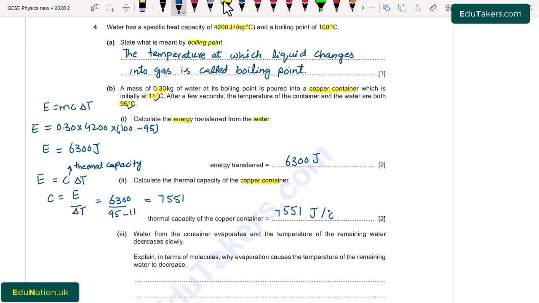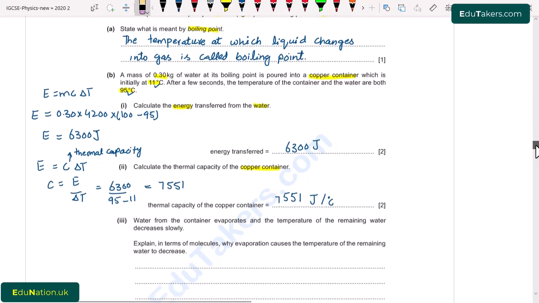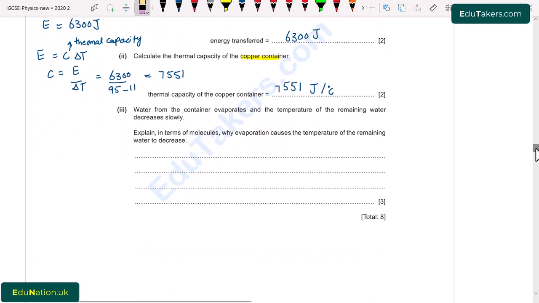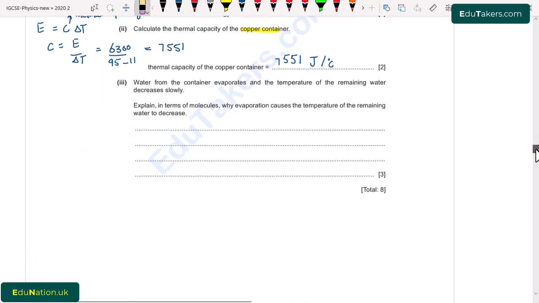Part 3. Water from the container evaporates and the temperature of the remaining water decreases slowly. Explain in terms of molecules why evaporation causes the temperature of the remaining water to decrease. Here we have to write the reason why evaporation causes the temperature of the remaining water to decrease.